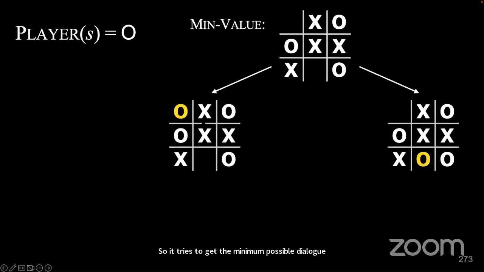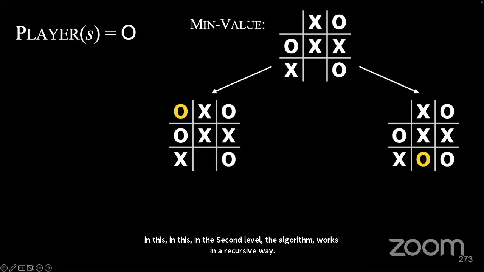It has two possible options, but it does not know which option will give it the lowest possible value. So in the second level, the algorithm works in a recursive way.